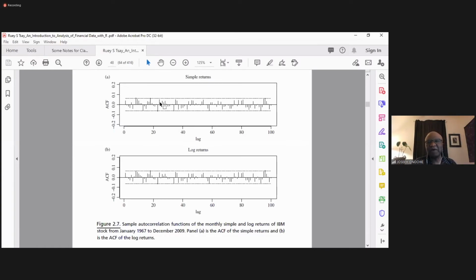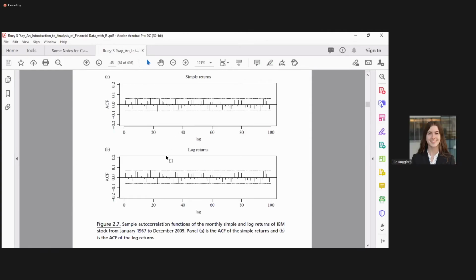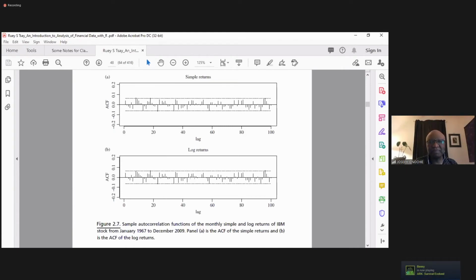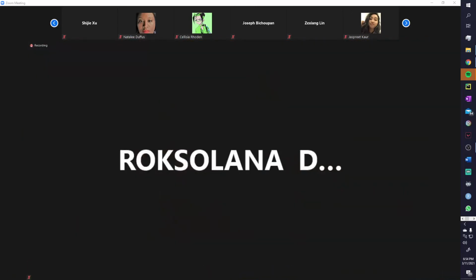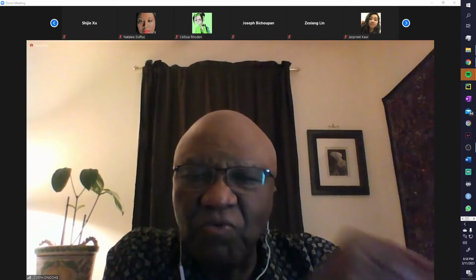This is what the ACF of a white noise process looks like. Now let me show you what the ACF of an autoregressive process looks like.